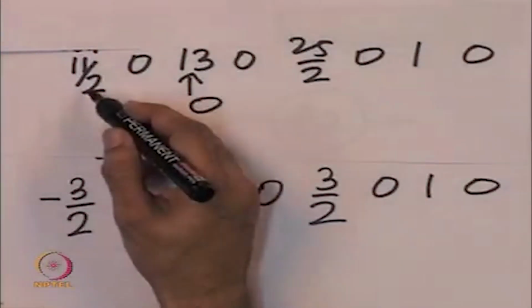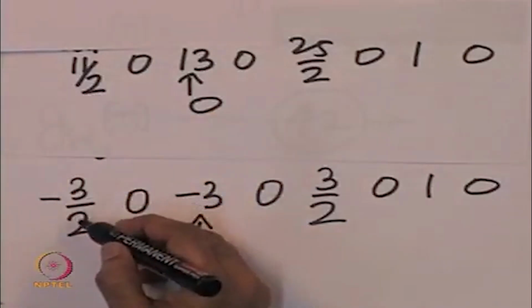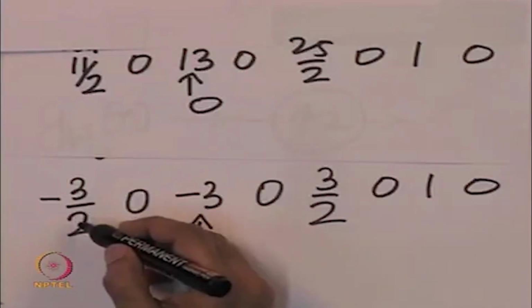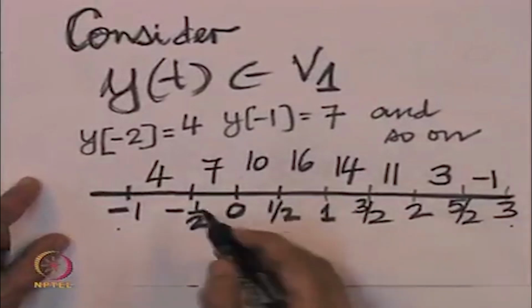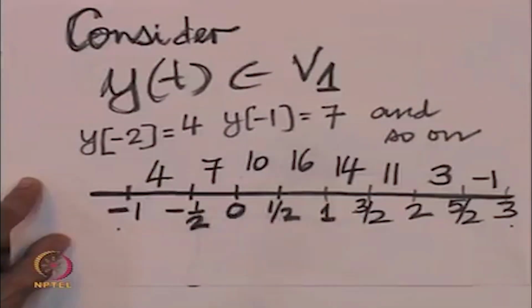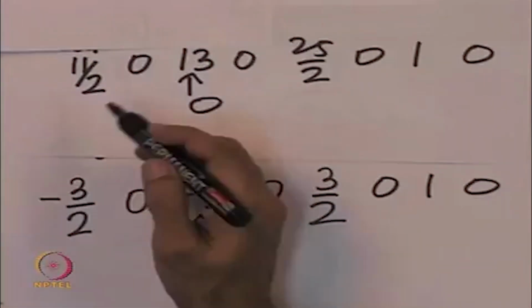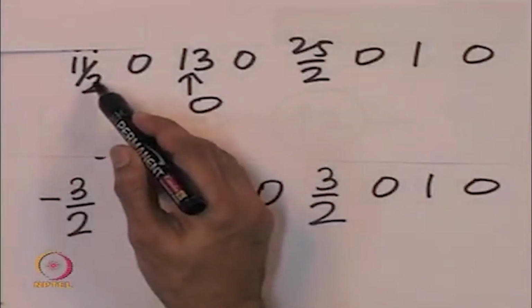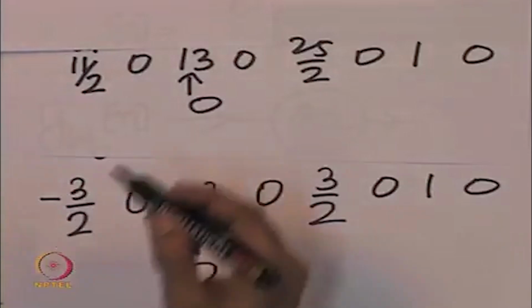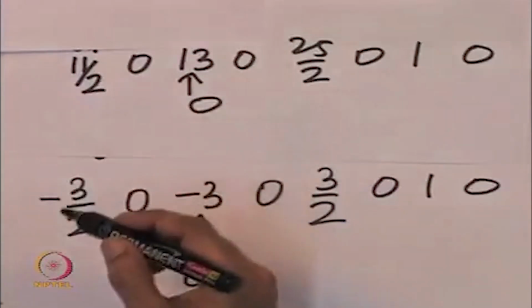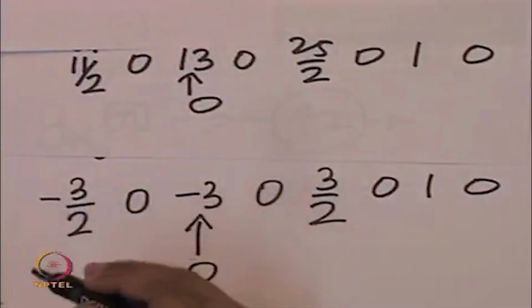And 11 by 2 minus of minus 3 by 2, in other words, 14 by 2, would give you the value of y t in the interval from minus half to 0. So, what you need to do is operate the sum filter, this plus this, for the first half interval and this minus this for the second half interval.